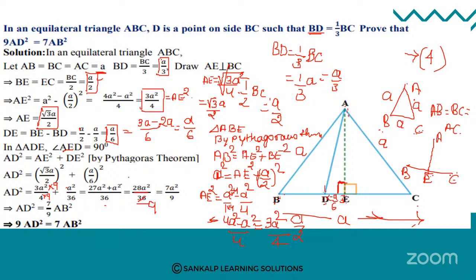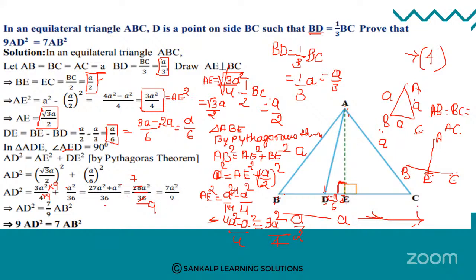Four nines are 36, four sevens are 28. Again, it will not get divided further. So, 7A square divided by 9. Okay, so AD square is equal to 7A square divided by 9.